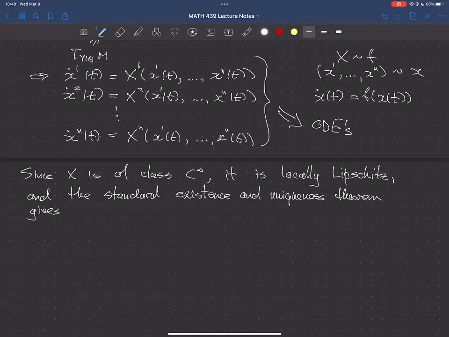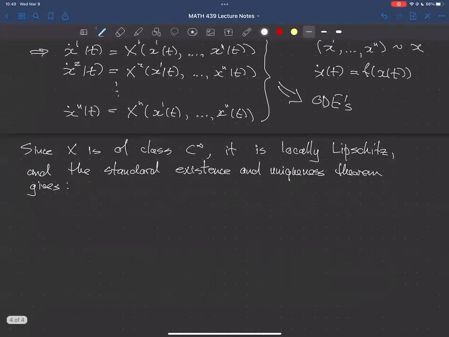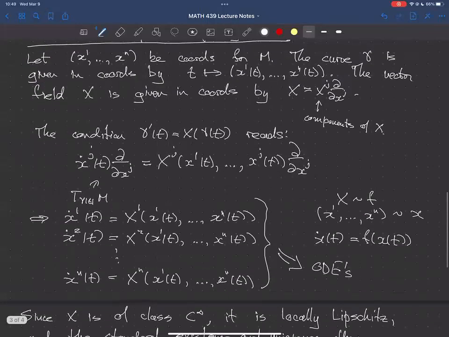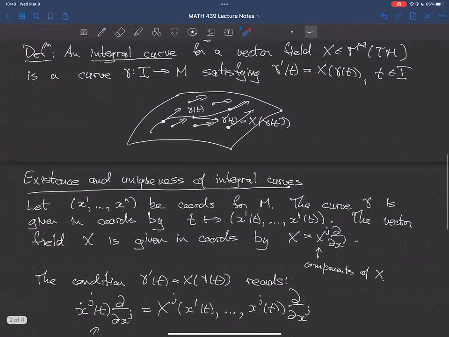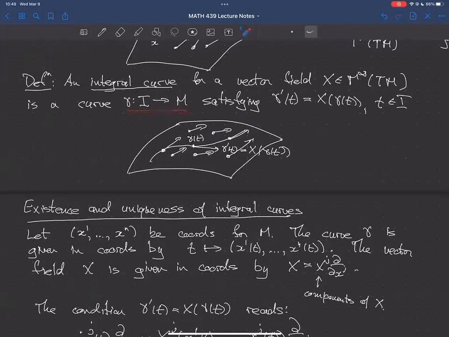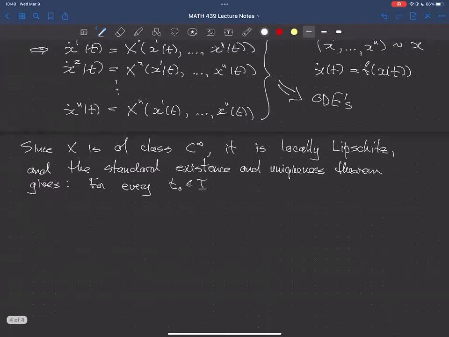I'm not just going to be vague here and say that it gives existence and uniqueness, because you have to be careful about that. What it gives you, first of all, is existence on short time intervals. So for every t naught in the interval I, where I, remember, is the interval on which my integral curve is defined, I choose a time along the integral curve.